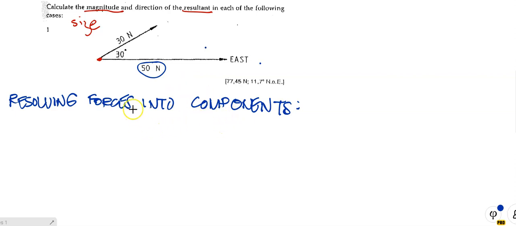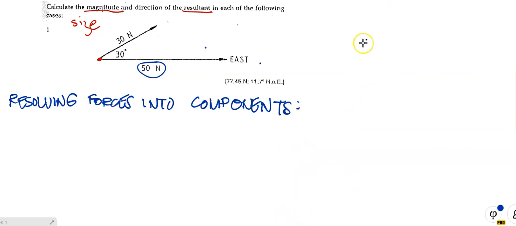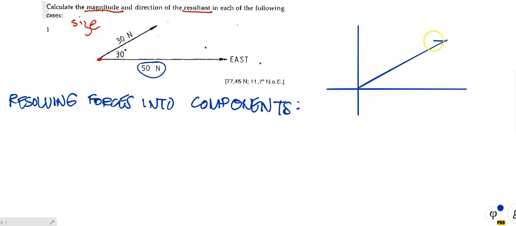It means that any force that is not horizontal or vertical, like that one there, we resolve it into components. Now I'm going to take that force and draw it here, and we're going to talk quite a bit about it for a start. There's my north-south line, there's my east-west line, and there's my force acting: 30 newtons.